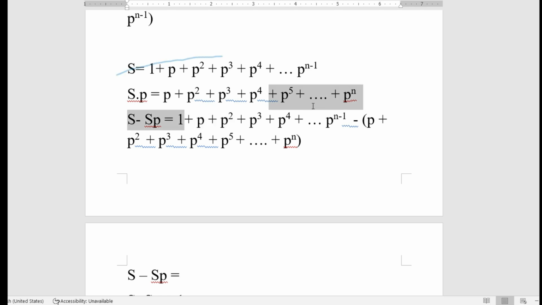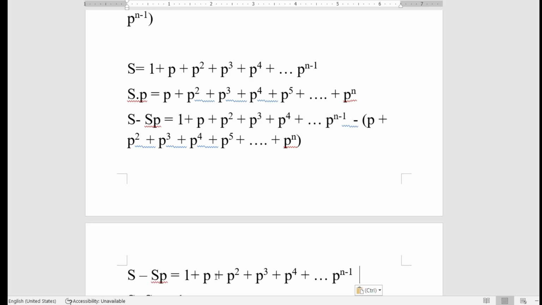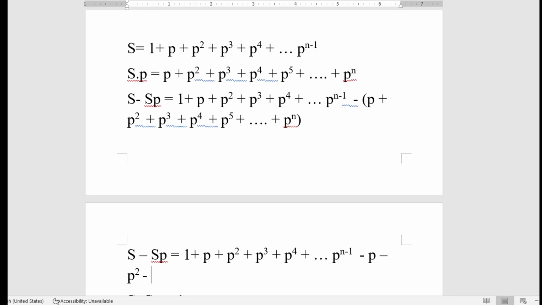you copy this, you minus b squared minus b to the power of 3 minus b to the power of 4 minus b to the power of 5 and so on. Okay, let me have this result.